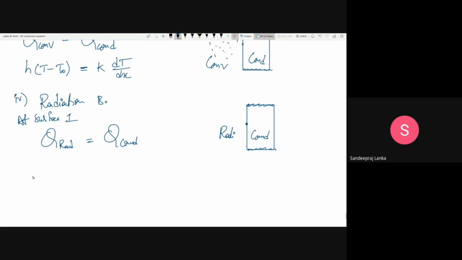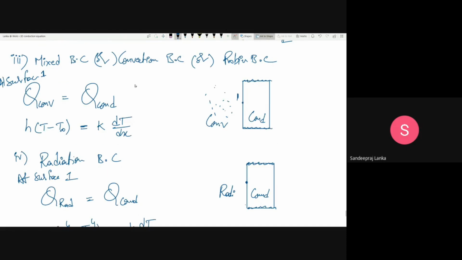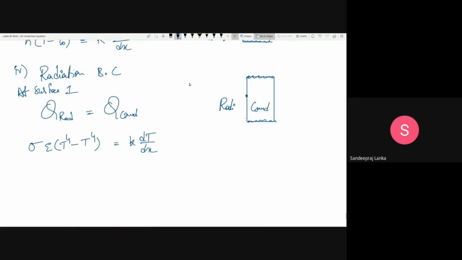So what you will take is sigma into epsilon into T to the power of 4 minus T infinity to the power of 4 is equal to conduction, which is k into dT by dx. So this will be your radiation boundary condition, similar to your mixed boundary condition or the convection boundary condition.